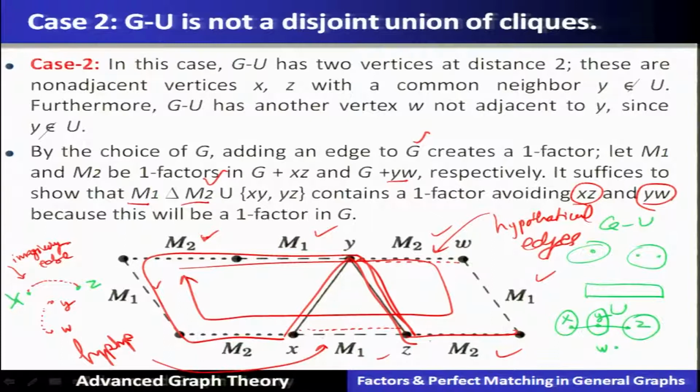So, either we can avoid xz or we can avoid yw. In this way we have obtained a cycle without even these hypothetical edges.